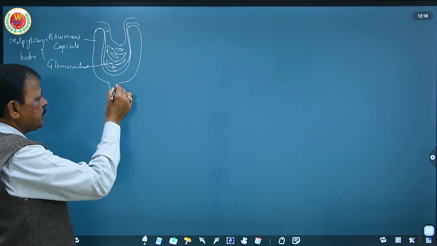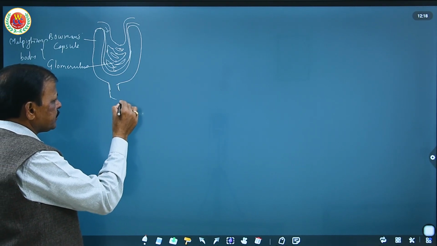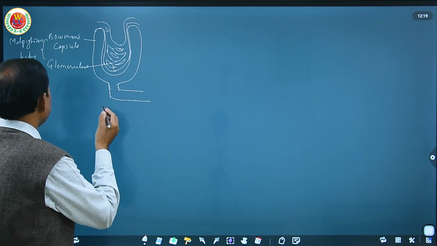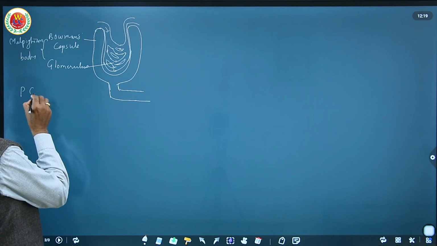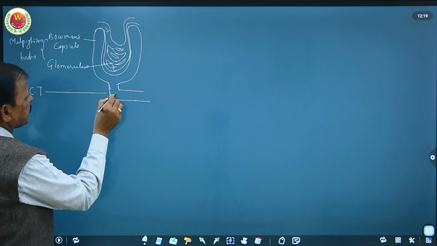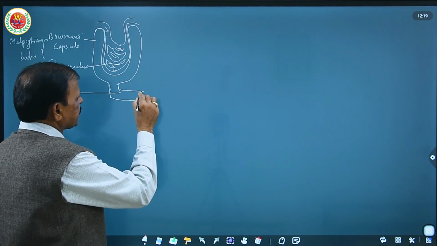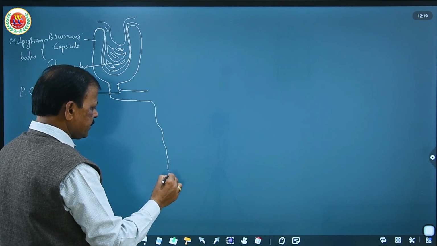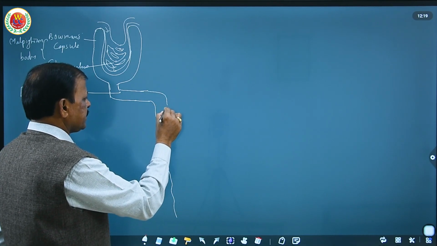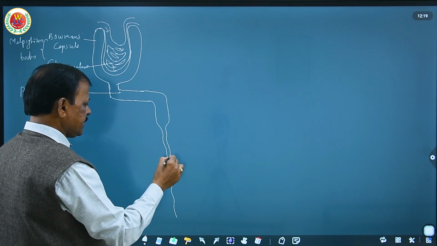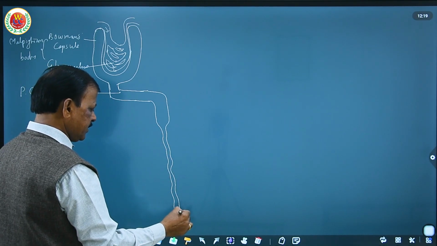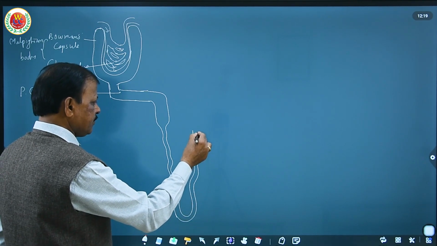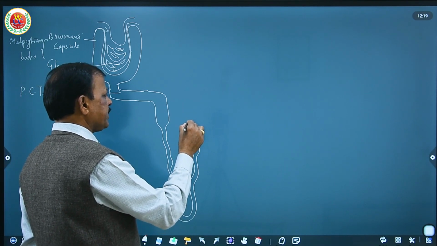This is continued into a short, horizontally placed structure called PCT, the proximal convoluted tubule. This then turns inward toward the medulla region and becomes narrower. This narrow, long tube which turns into the medulla region is called the loop of Henle.